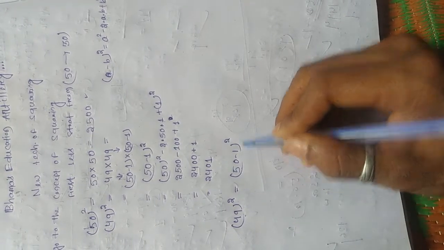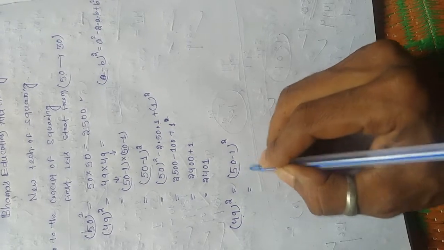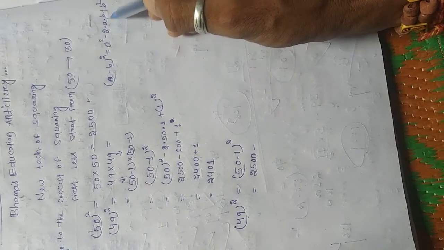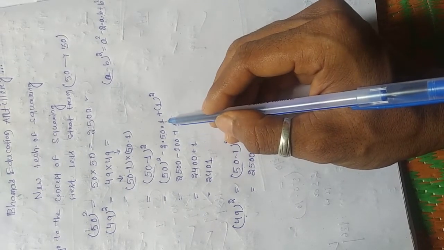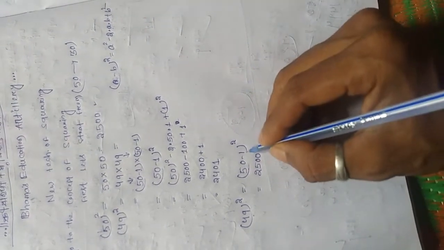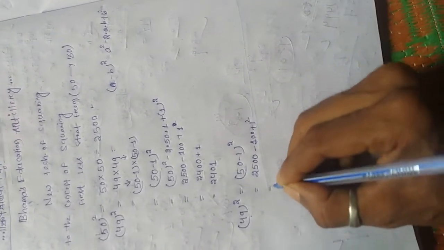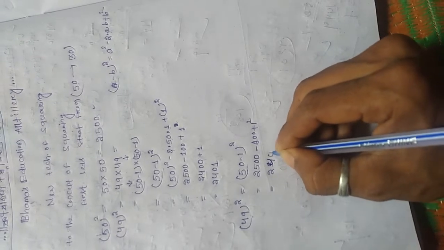We know the concept here. 50 square is 2500 minus, always look, 2ab, 2 into a into b. 2 into a, 50 into 2 is 100, 100 into 1 is 100. So minus 100, plus 1 square, which is 2401.